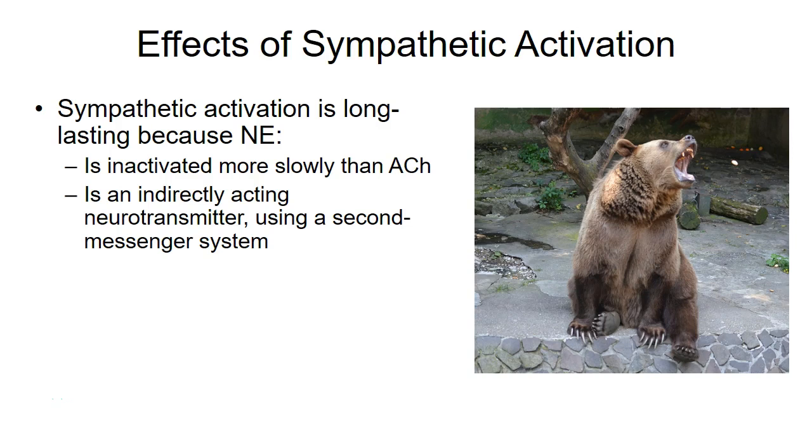Okay? And so remember with GPCRs or this indirect messenger signaling, the other reason this activation is sustained longer is, remember, the second messenger is exaggerating or amplifying the response. So for a single neurotransmitter or a hormone binding to a GPCR, we're making a lot of second messenger.